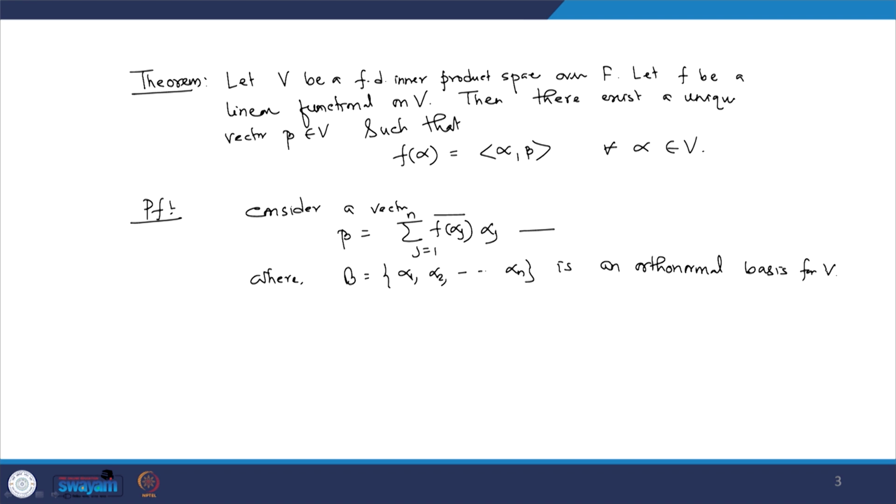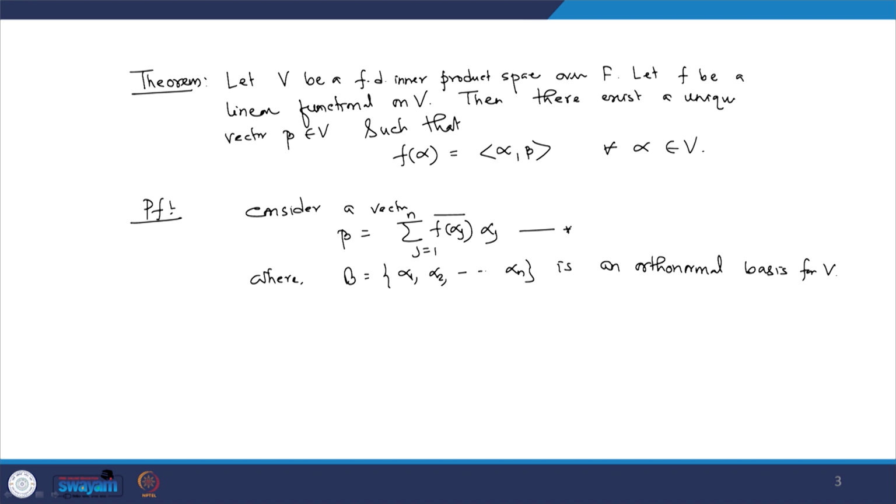So, for a given orthonormal basis, I will define a vector beta for a given functional f like this. And the question is how to think that for a given orthonormal basis or given linear functional, one has to consider the element beta like star, or what is the geometrical interpretation of beta.